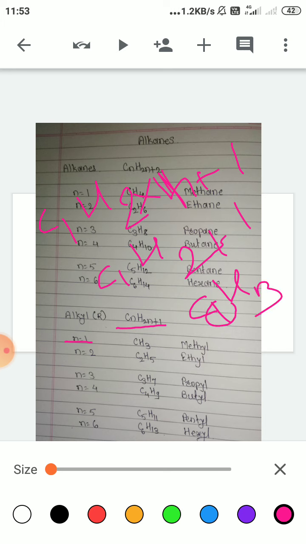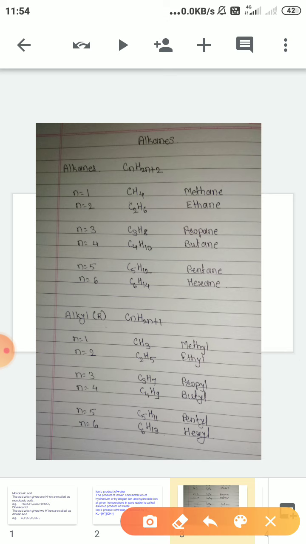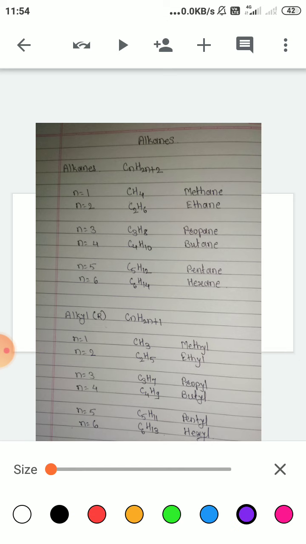Again no need to write 1, therefore CH3. Therefore the first member of the alkyl series is methyl. In the same way we can prepare the next. If n is equal to 2, we get the formula C2H5 and the name of the alkyl group is ethyl.